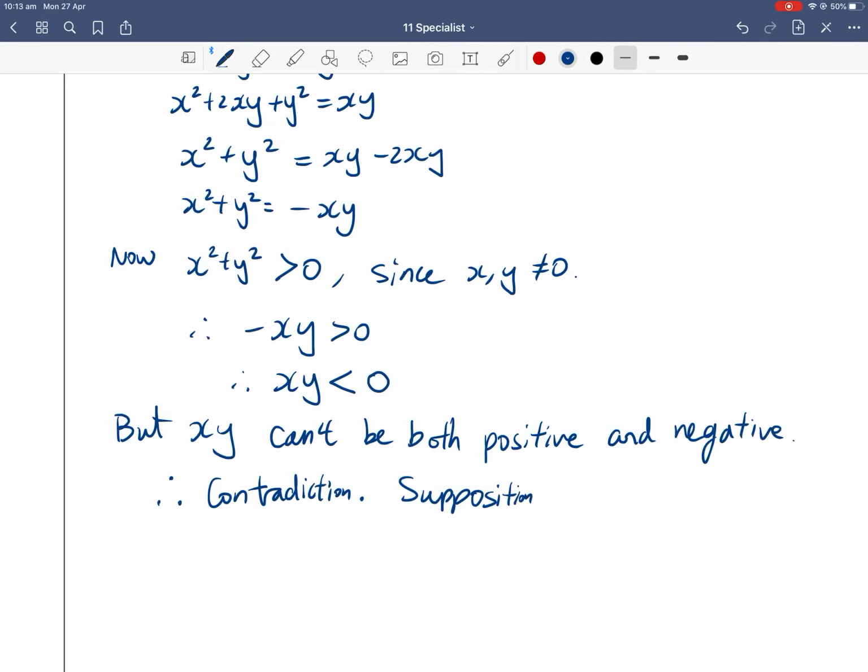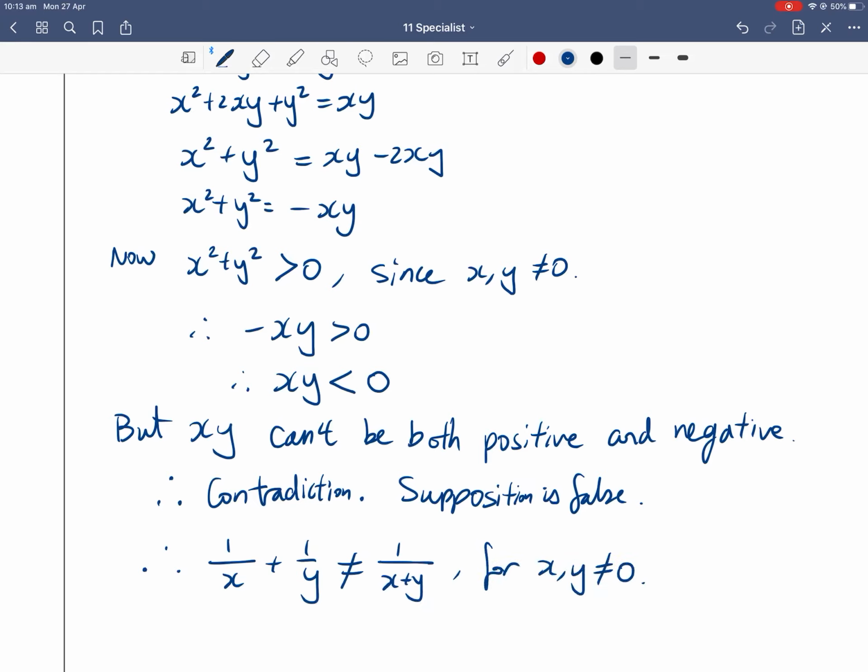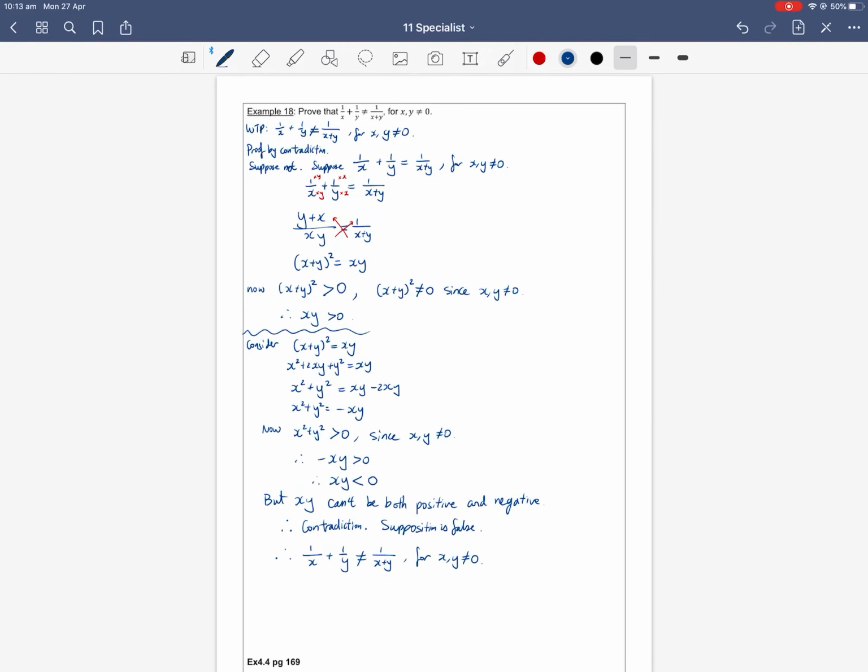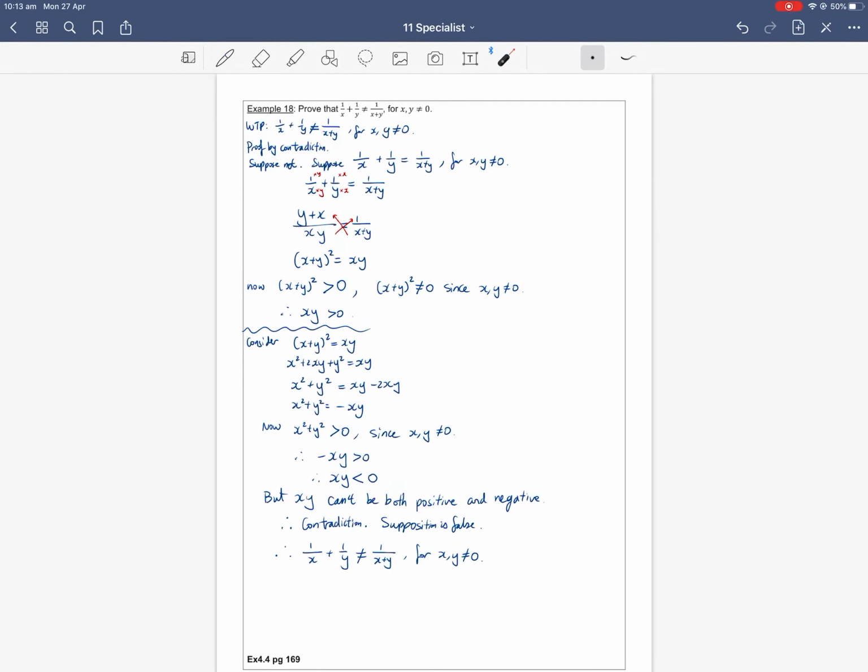So the supposition, whatever we assumed at the start, is false. So therefore, my original statement must be true, that 1 over x plus 1 over y does not equal 1 over x plus y for x and y values not equal to 0.